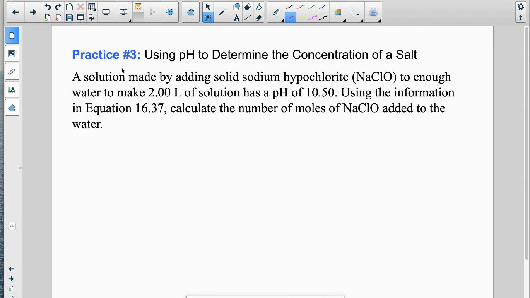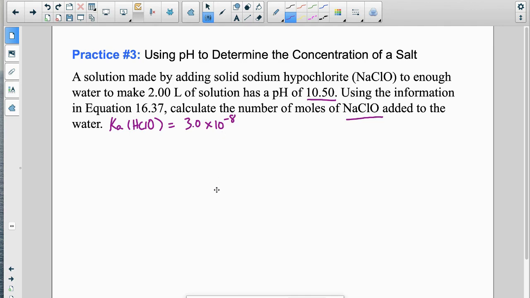For practice problem number 3, this is slightly different, where you need to figure out the number of moles of sodium hypochlorite required to get a pH of 10.5. So again, for this, you would have to look up the Ka of hypochlorous acid, and that is 3.0 times 10 to the minus 8. And you can give this problem a try.